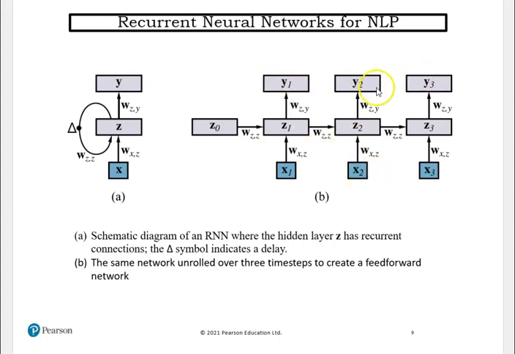The sequence y1, y2, y3 is the same sequence as x1, x2, x3, except shifted by one word. So there's no y0 essentially. At each time step, or at each word, we're trying to predict the probability distribution for the next word.